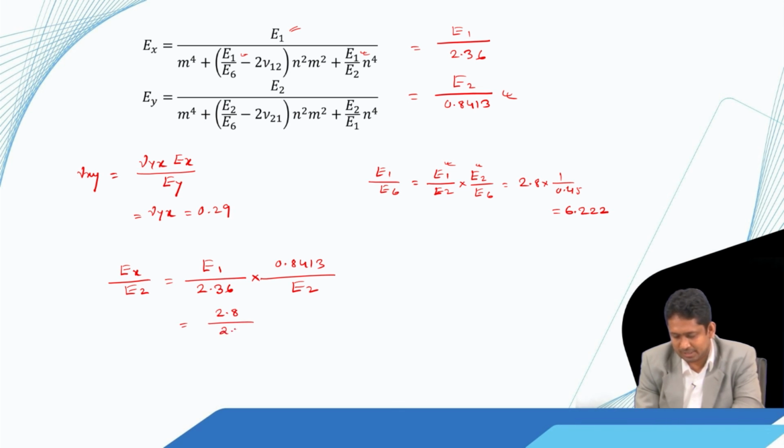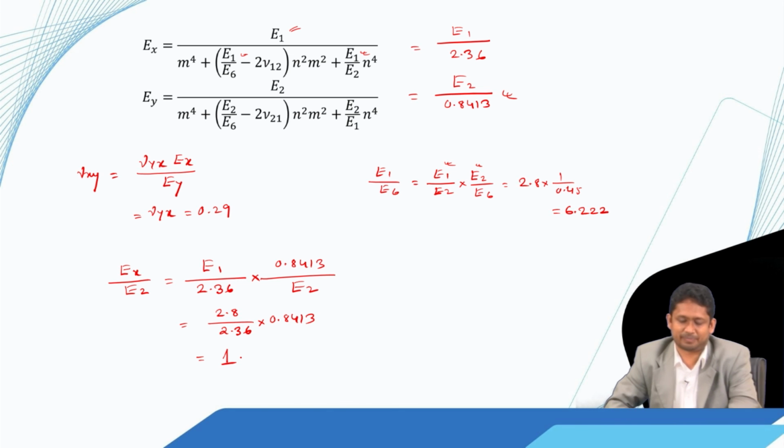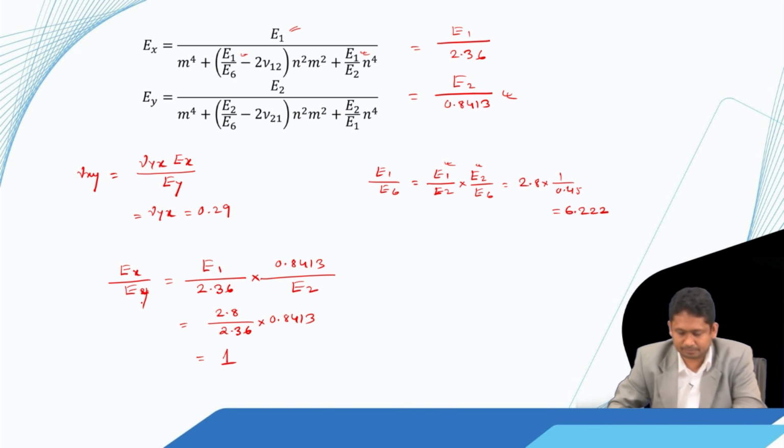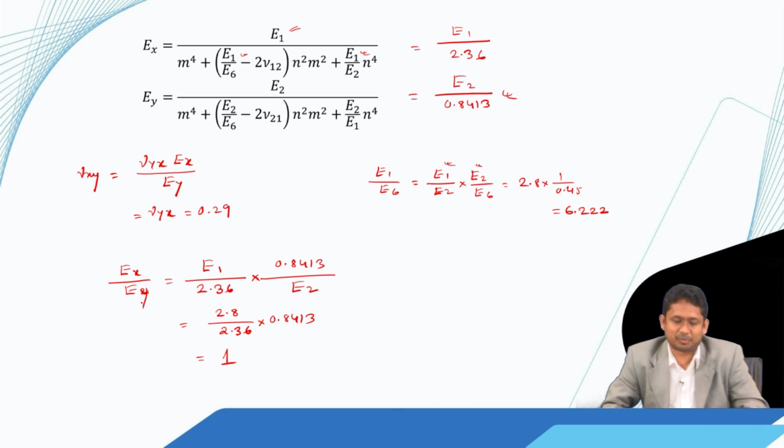So, we have 2.8 divided by 2.36 multiplied by 0.8413, which is found to be 1. So, this is E x by E y, and whatever we saw in the graph, we verified numerically with this example.